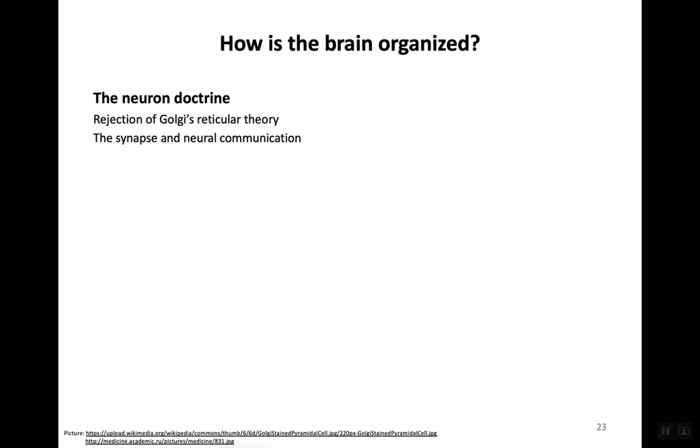Well, the beginning of the 20th century saw one of the most lively and colorful disputes in that sense. What scientists at the time tried to determine is the fundamental organization of the brain, its structure.